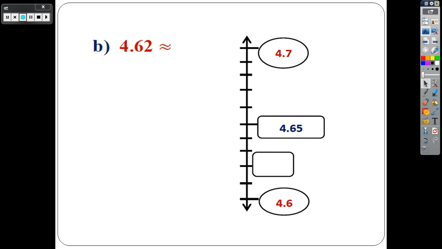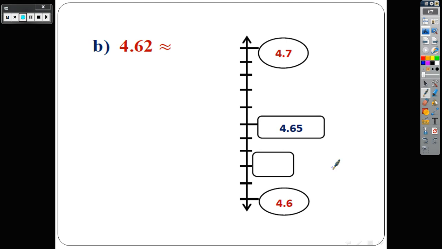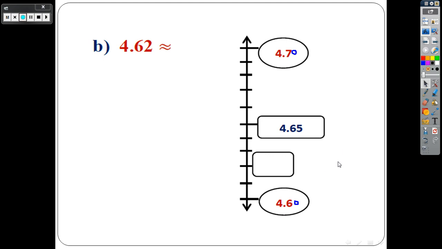Or you can use this way to find the midpoint. You can put 0 here and also 0 here. Between 60 and 70 you have 65. Now go to the number 4.62. It lies between these two numbers. Is it above the midpoint or below the midpoint?